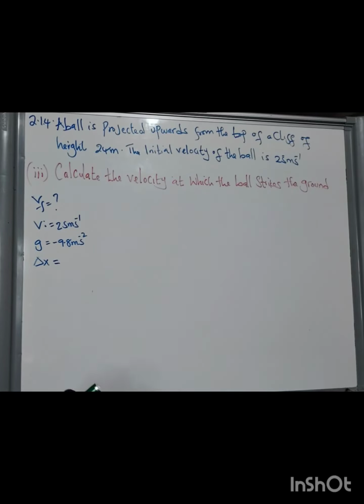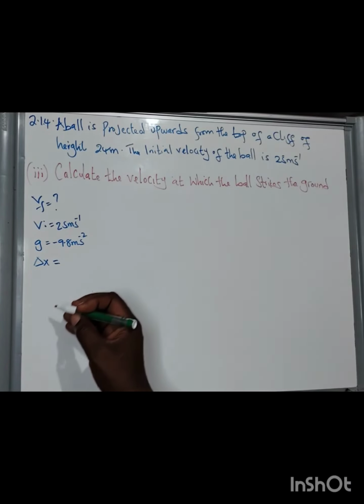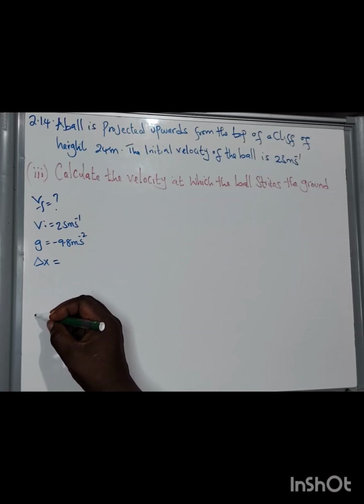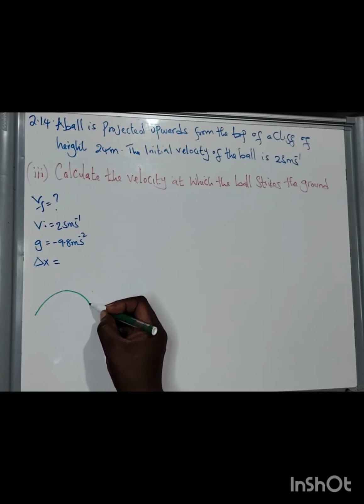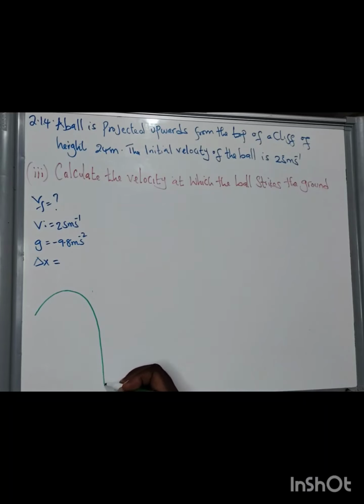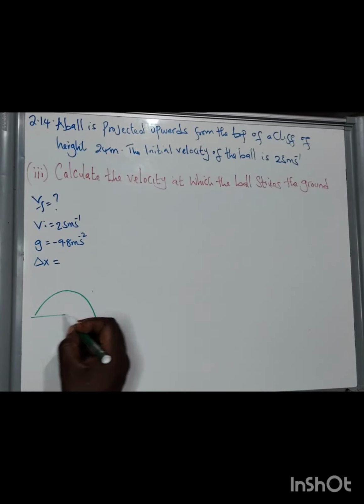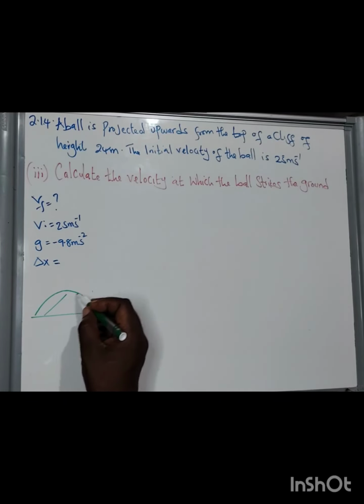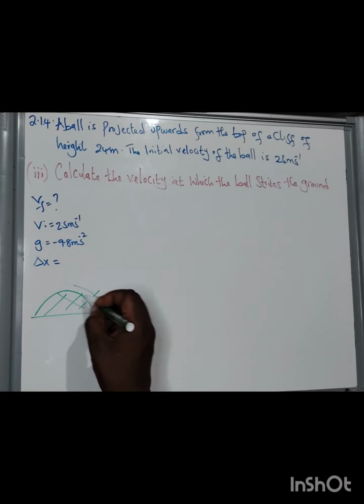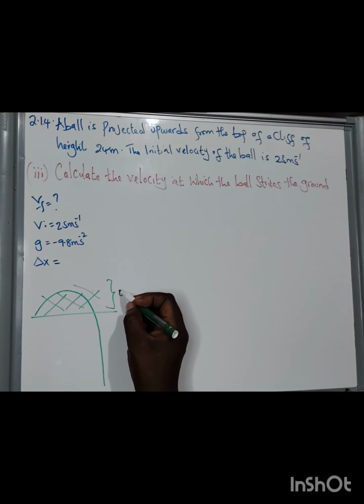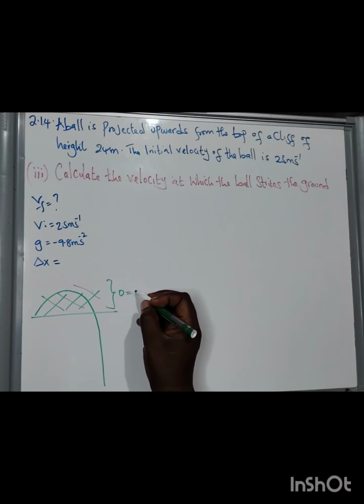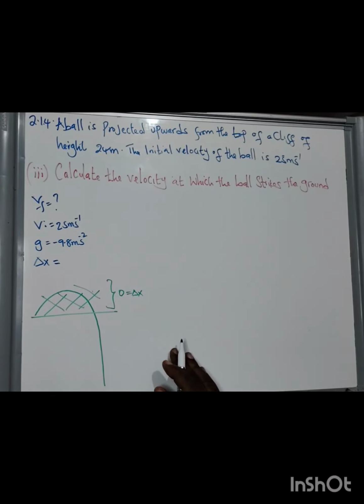Like I said before, let us repeat it again. If a ball is projected upwards, it goes upwards, reaches maximum height and comes back and passes the point of projection. This displacement covered here is 0. Why is it 0?